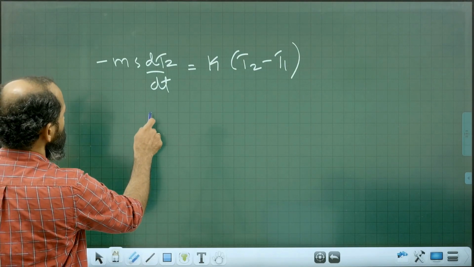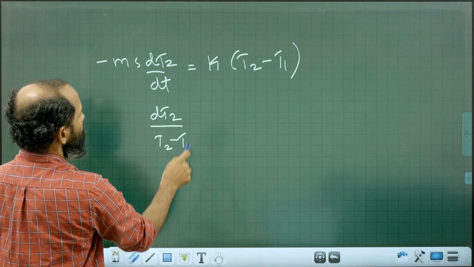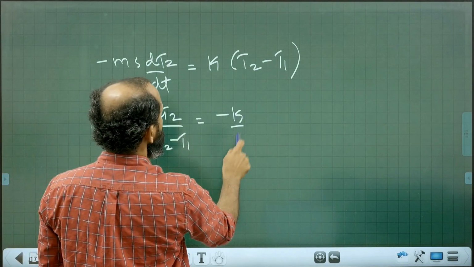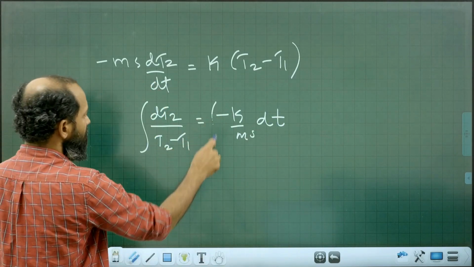From this you can rearrange: dT2 divided by T2 minus T1 equals minus K by ms into dt. Now it is integrable.